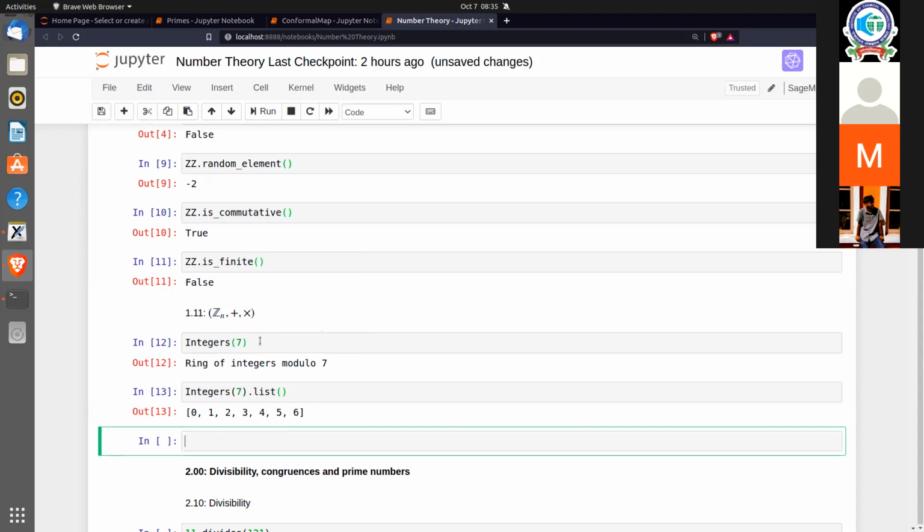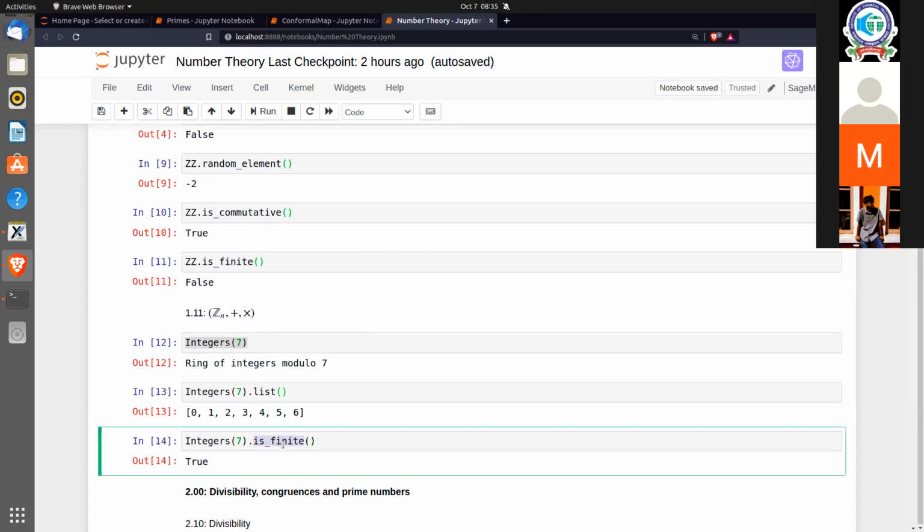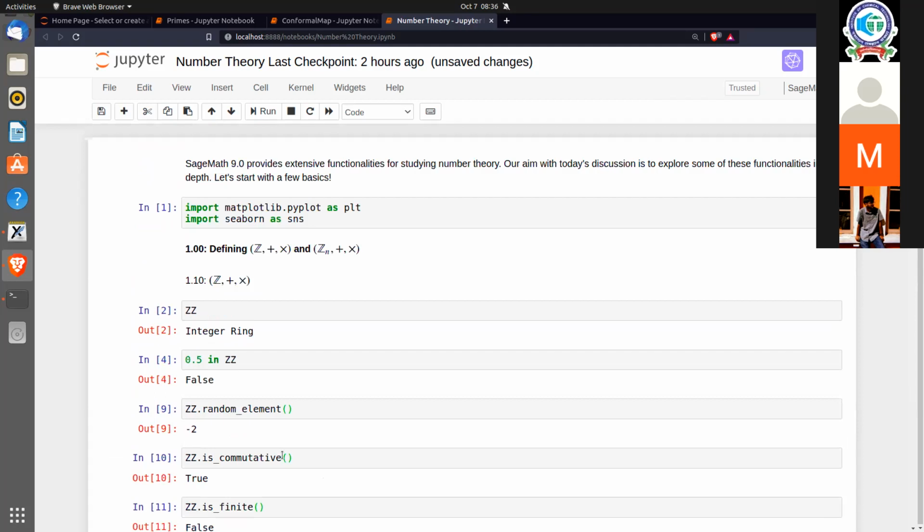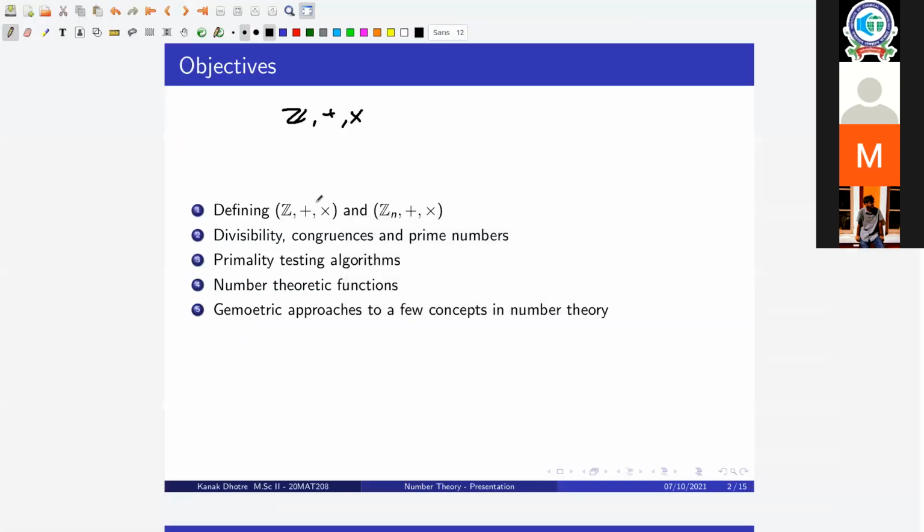So I can check things like that too. Let's start with is_finite, and it will return true. Then I can check whether it's a field or not, and that will also return true. This is how we define structures in SageMath. Now that we have a definite structure in place, we can move on to study some properties of these.